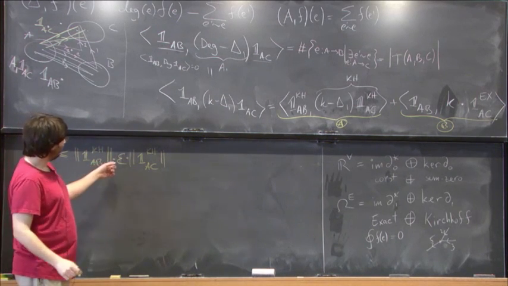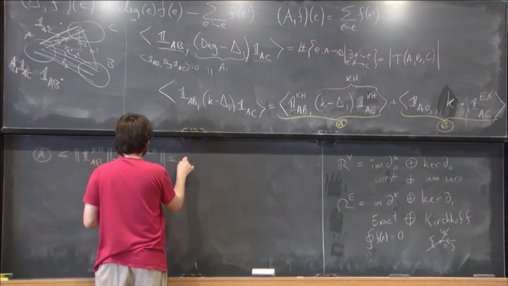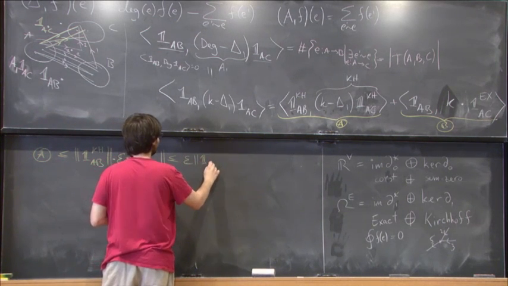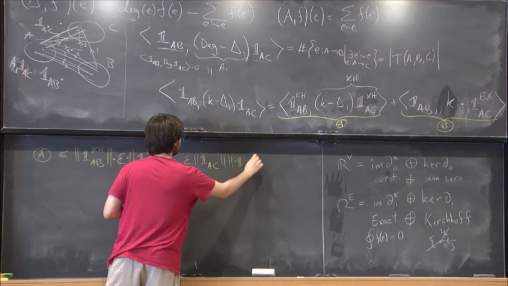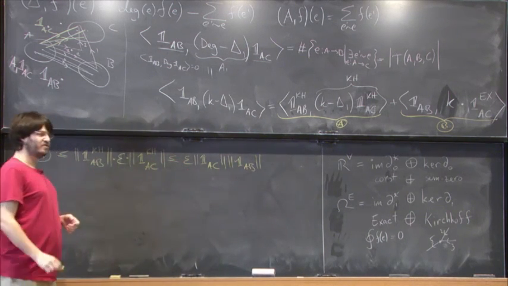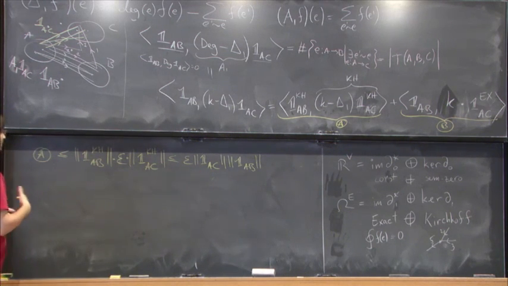If you want to work hard, you can give a real estimate to this, but I'm just going to bound it by the original sizes. This is a projection, so it only lowers the norm.